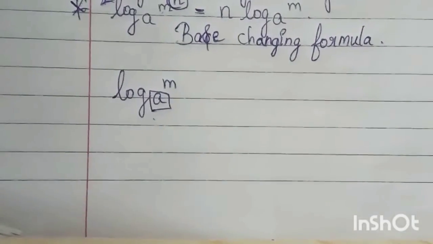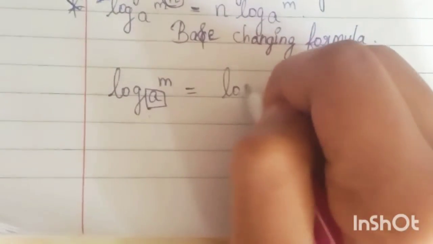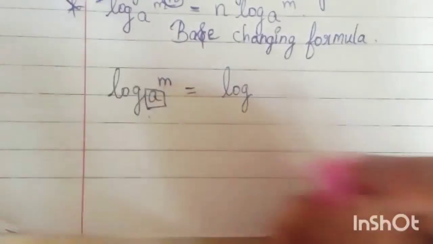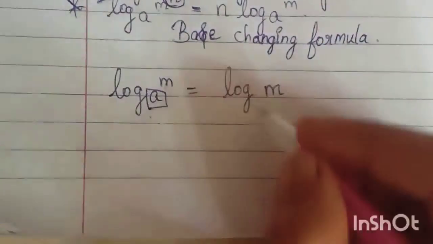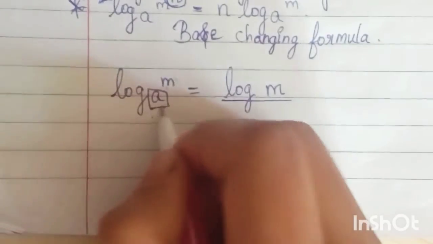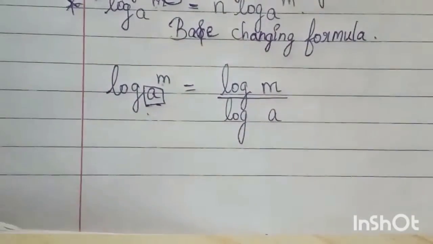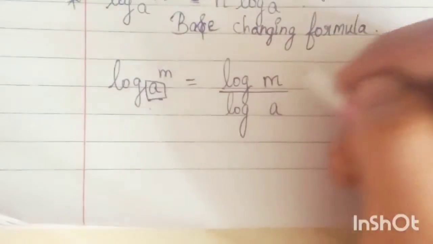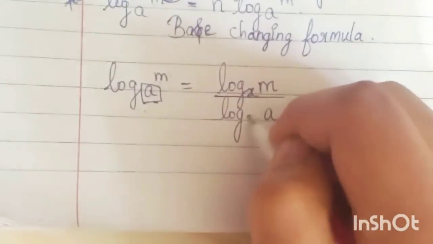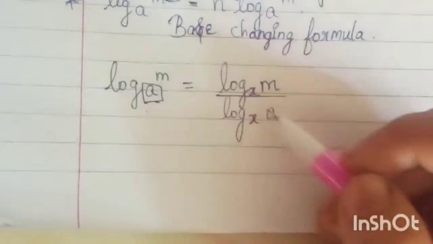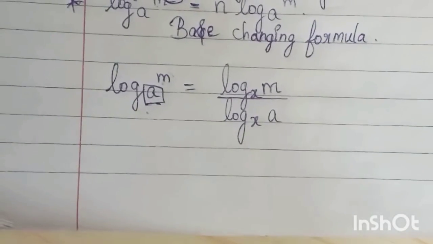So for changing the base, first you write this m in the numerator, and down you write this a in the denominator. If I want the base as x, then I take the base here also as x, because anyway it's going to cancel, so I can take any variable which I want.